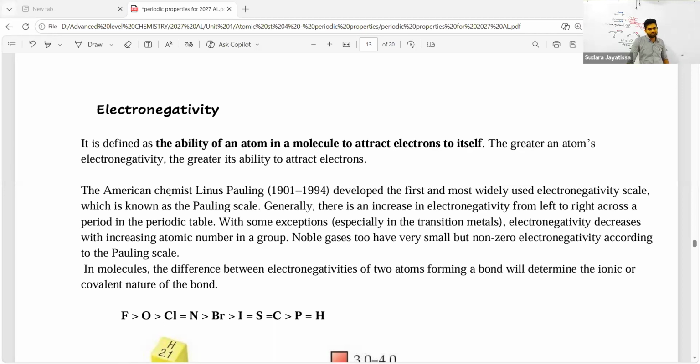Otherwise, xenon is not going to make bonds with any elements. That will be discussed later, don't worry about it. Most of them are not making actual bonds. Only xenon makes bonds with oxygen and fluorine. That's it.